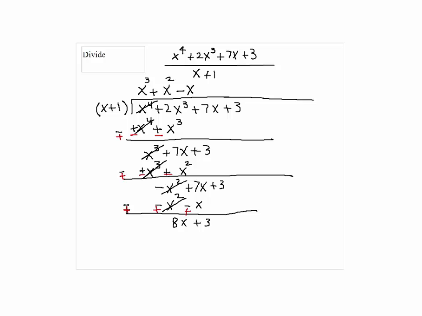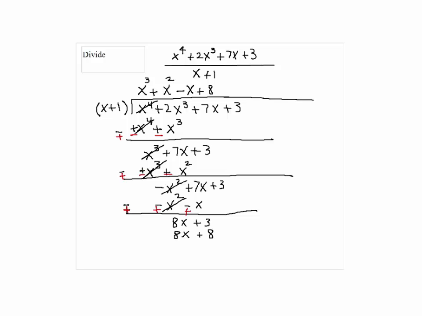Again, we are supposed to subtract to get the remainder. We're going to change the sign to its opposite sign and add instead. So we have both x to the power of 2 add up to 0.